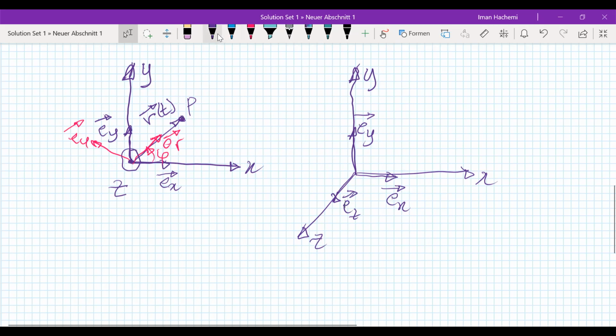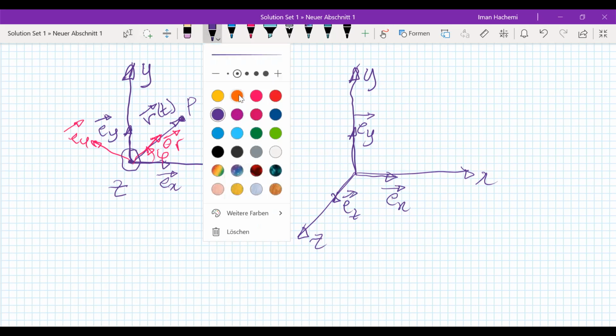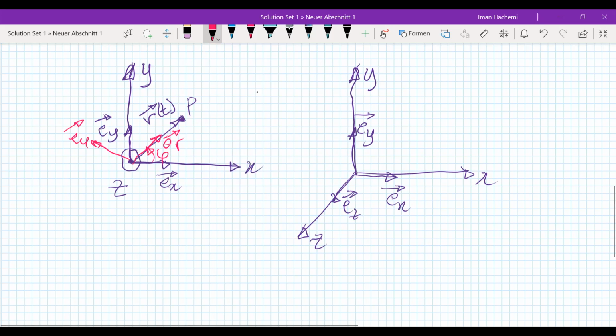Here, of course, we have 90 degrees. That means E phi is perpendicular to Er, and there is a vector outward, which is Ez.